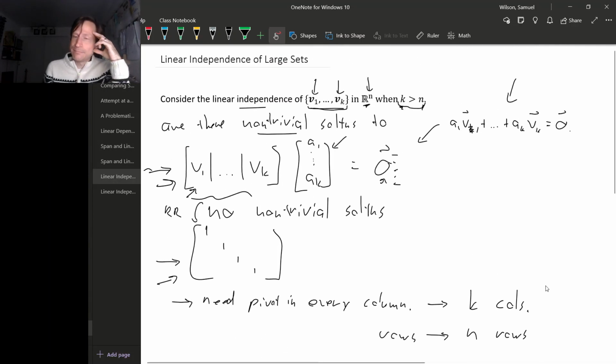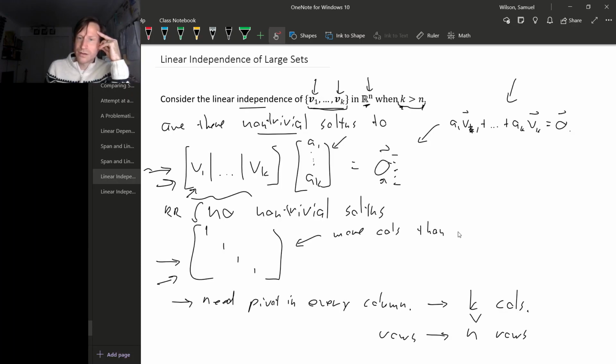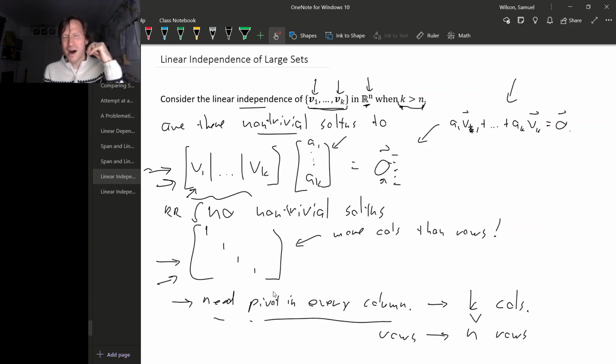So k is bigger than n, like that. That means that this matrix has more columns than rows. We needed a pivot in every column, but there are more columns than there are rows. That means it's impossible to have a pivot in every column. Another way to put it is that the rank of this matrix can't be larger than the number of rows.